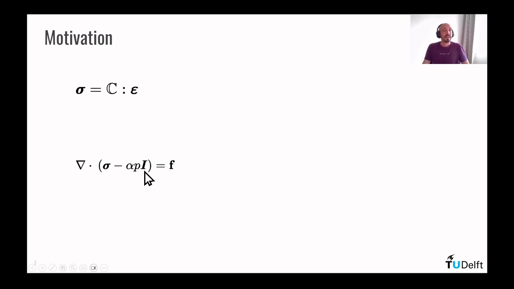I would be the identity tensor, identity rank 2 tensor. So I want to know how to perform the operation. This is the nabla operator, this is the dot product. Sigma is a rank 2 tensor, alpha and P are scalars. I is a rank 2 identity tensor.